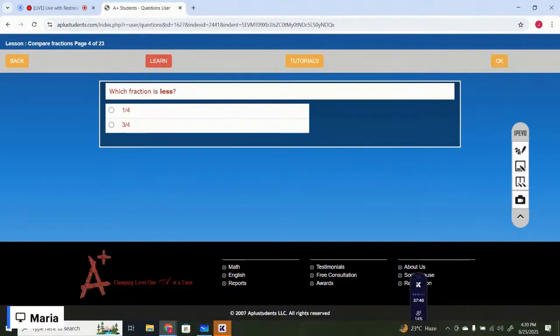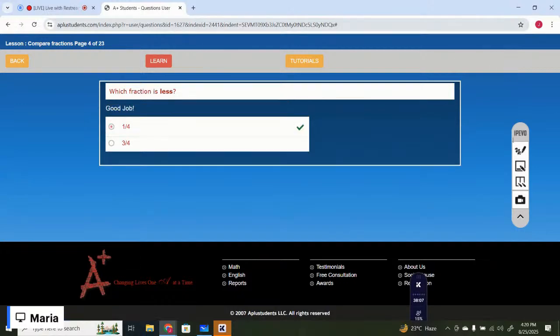Which fraction is less, 1 by 4 or 3 by 4? 1 by 4 is less than 3 by 4, so option number 1 is the correct option.